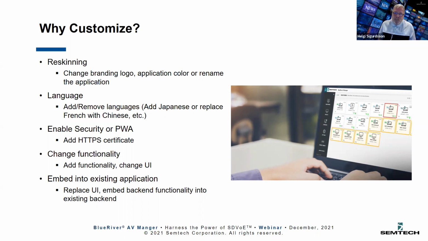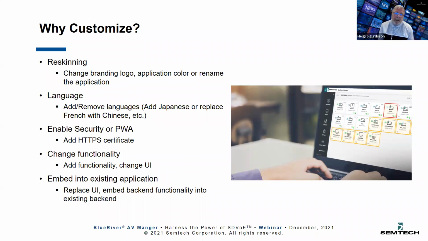But maybe you want to use this in Japan, so it's going to be important that you have this user interface in Japanese. It's very easy to either add Japanese as a language or swap out one of the existing languages for Japanese. So that is another type of customization, and it's very simple to do.